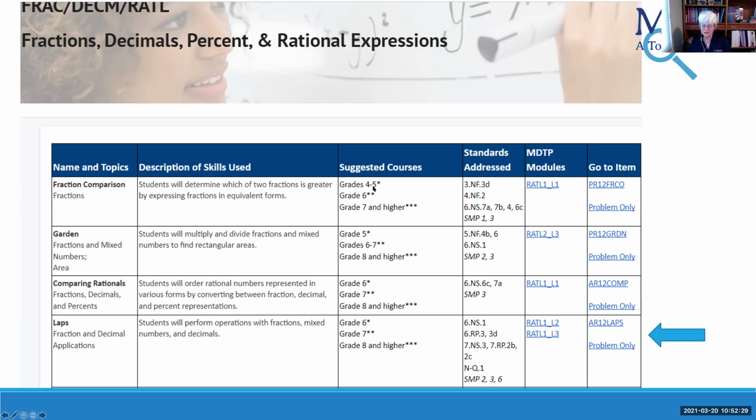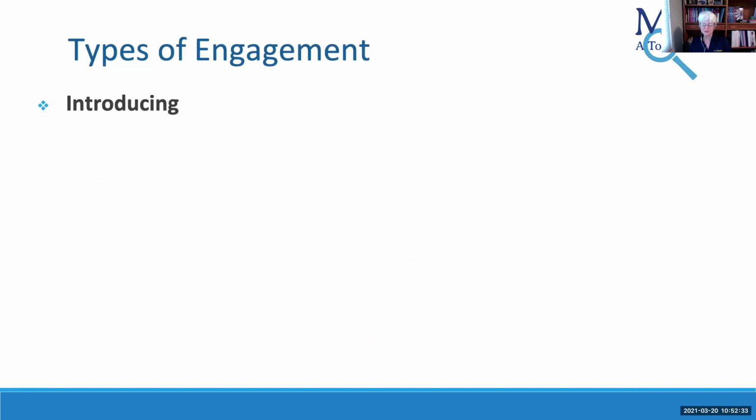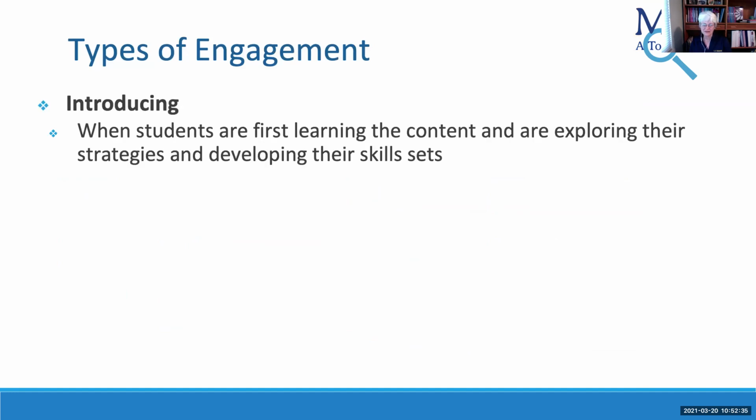So let's talk a little bit about the meaning of these asterisks and ways that you might be able to use these. The single asterisk is the idea that it's an introducing idea, concept that you're working with your students. You perhaps use this when students are first learning the content, so that would begin earlier grade, and you could use this to have them explore different strategies, perhaps in a way that's a little more guided.